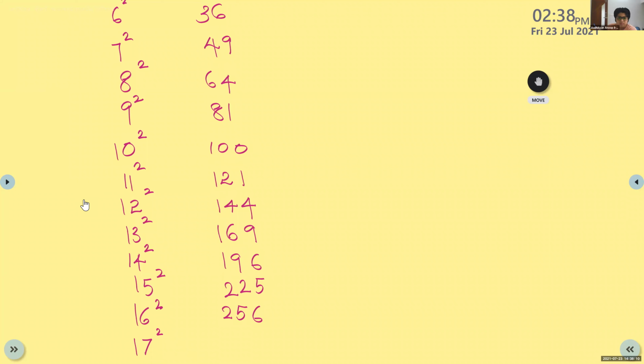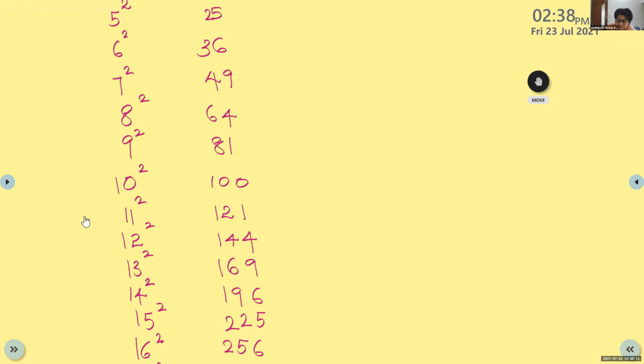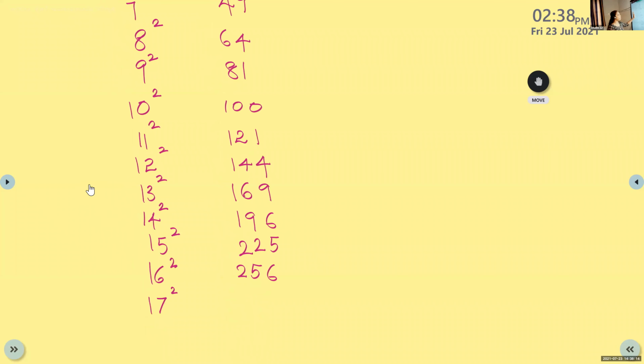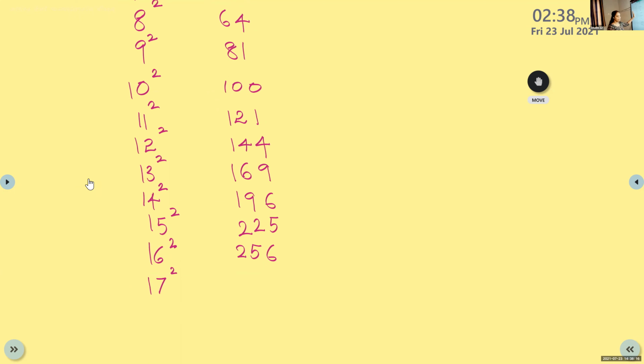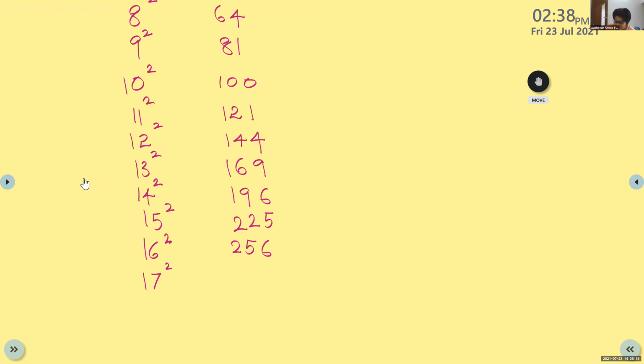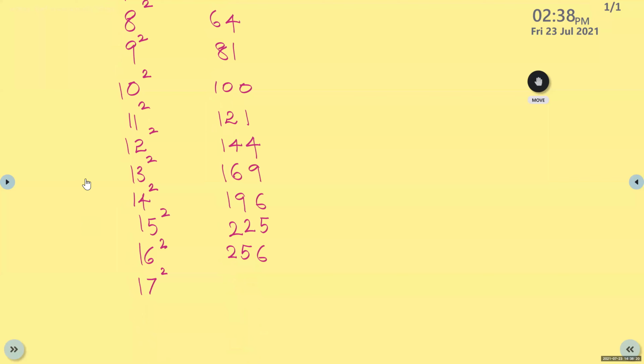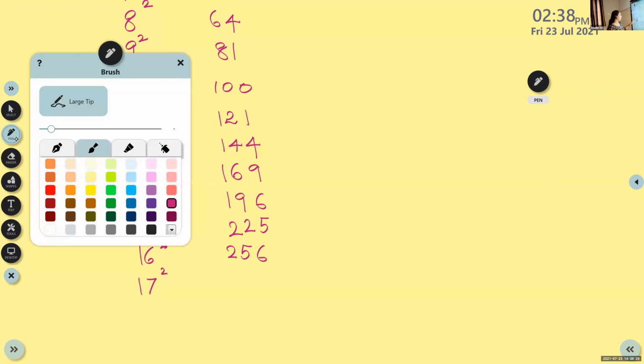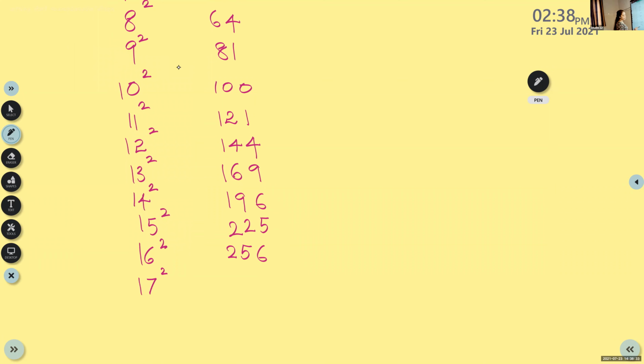You don't know what is 10 square? Who is this person? The one and only Aditya. I won't scroll up because you don't know up to 10. Okay. 17 square. Somebody else tell what is 17 square?